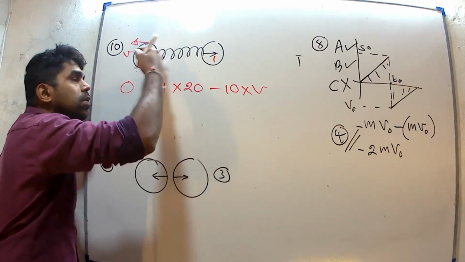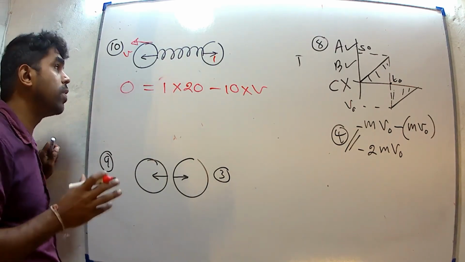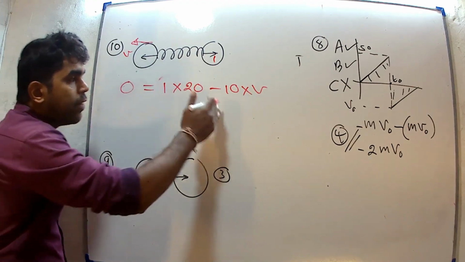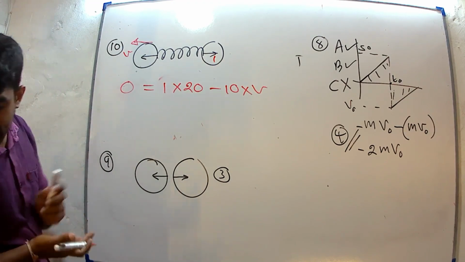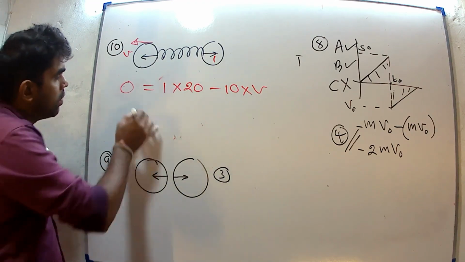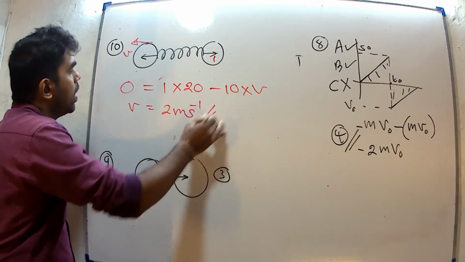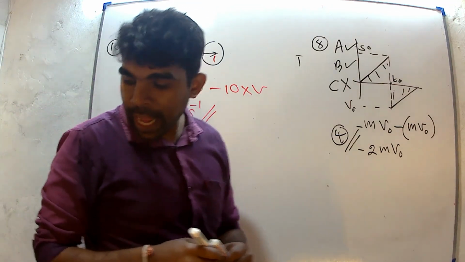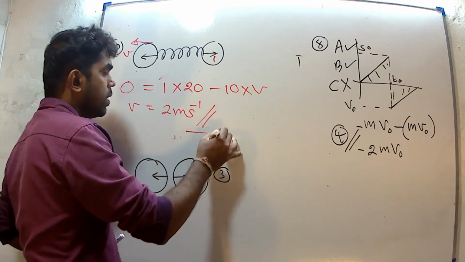Minus means moving direction is opposite, therefore magnitude of linear momentum is 10v, but in opposite direction. Therefore, we have to use minus. Then we can make v the subject. V value is 20 divided by 10, 2 meters per second. It is the final velocity. And then answer is 3 for the question number 10.